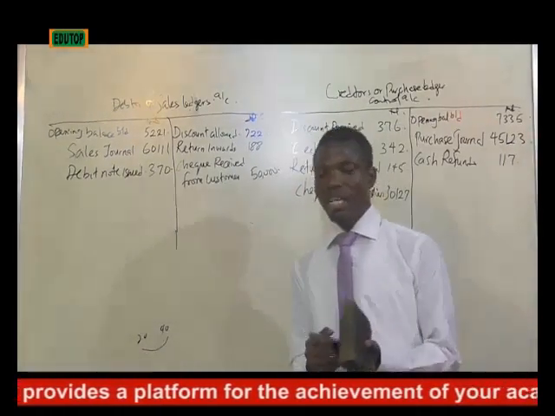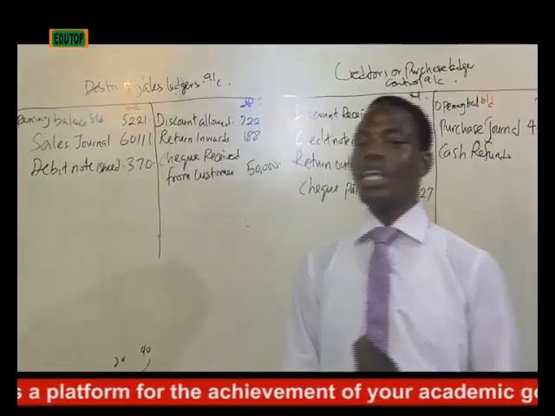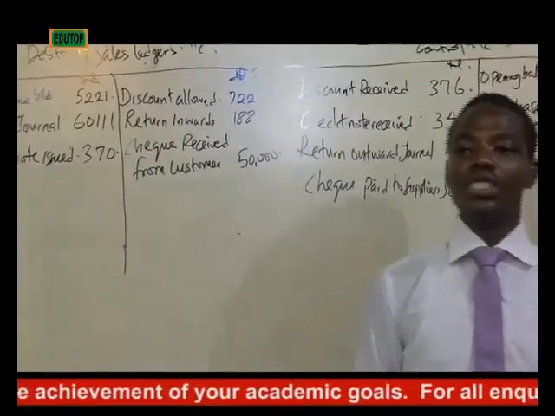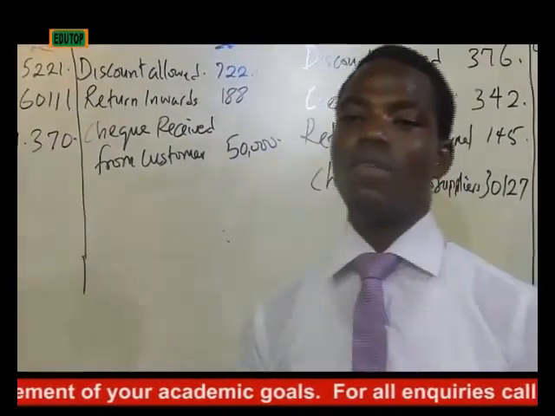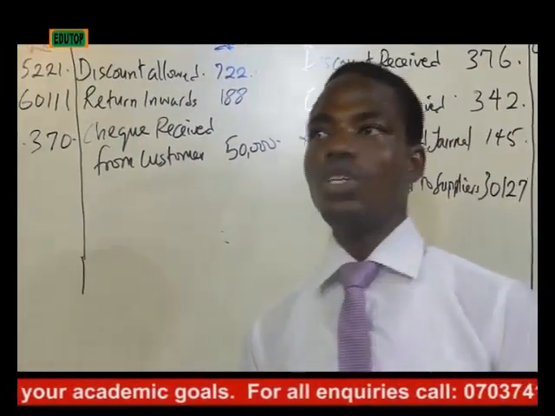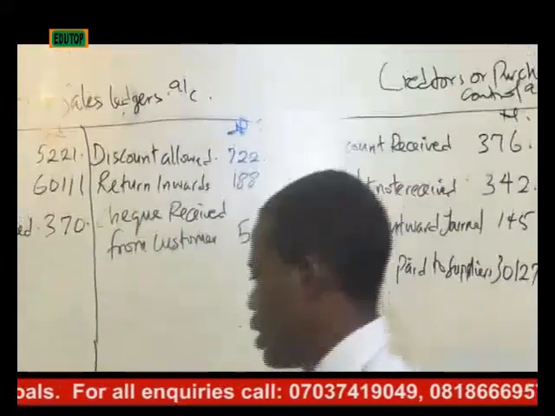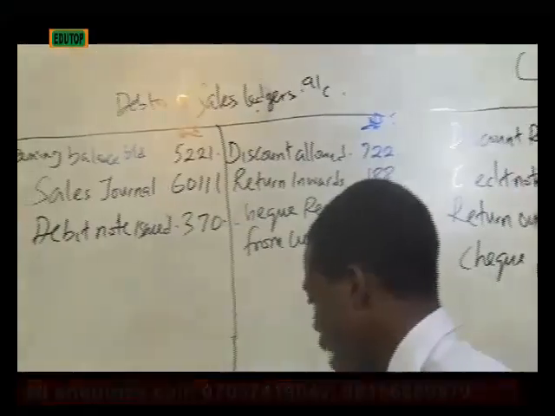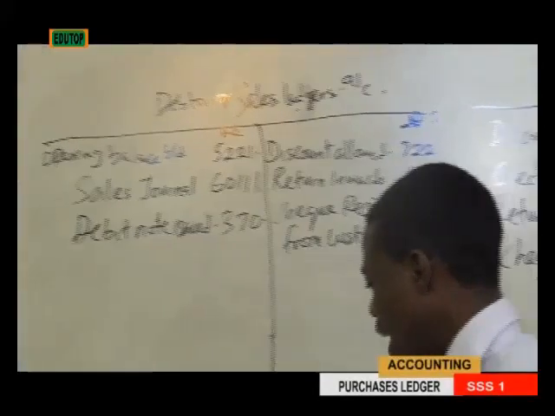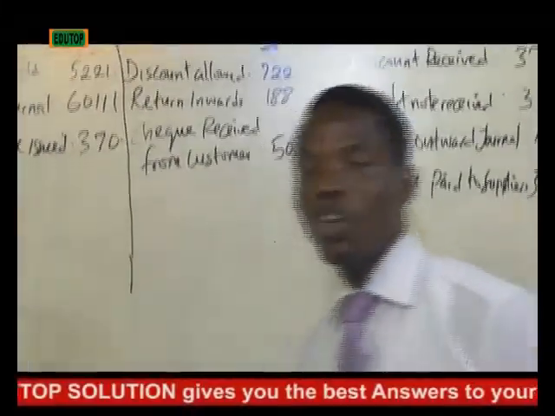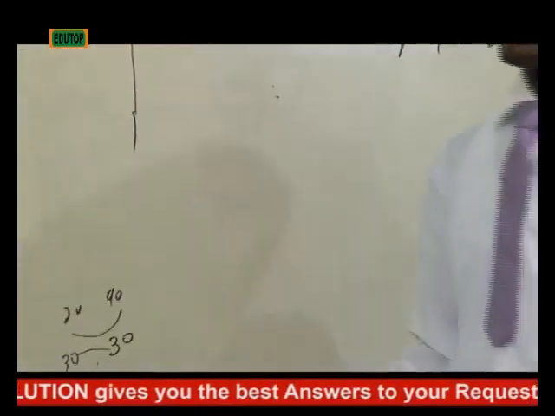Contract settlement. Don't forget, I told you the other time that anything that has to do with contract is the same thing as set off. That means somebody is owing you and you are owing that person. Like I said the other time, somebody is owing you 30 and you are owing that person 30. So 30 for 30, you don't have anything to pay each other. That's what we call set off.